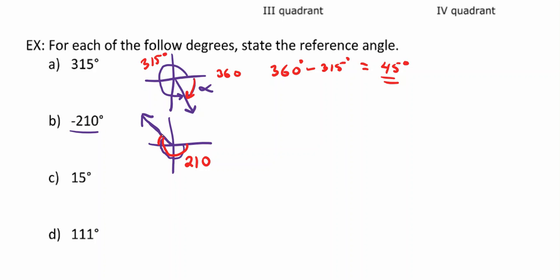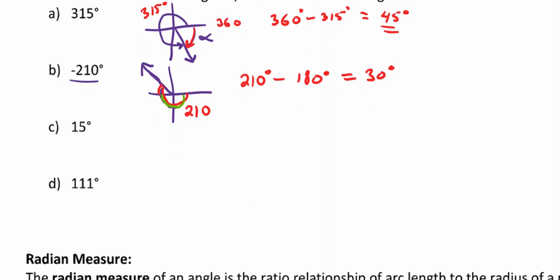If I go 210 and then subtract 180 degrees, the distance from here to here, I should be left with my reference angle. So we'll just subtract 180. We end up getting 30 degrees. I'm going to leave that there. I think you guys will be all right for those ones. We'll have lots of practice.